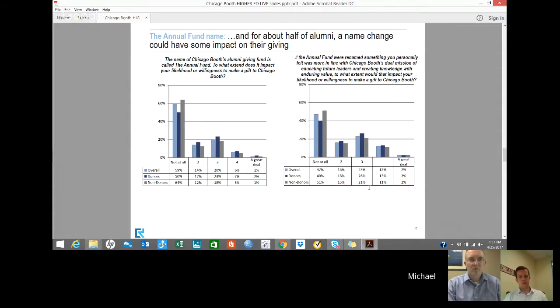So even though we had the word impact and most alumni chose the Chicago Booth Impact Fund as their ideal name, I weighed it against the risk of trying to rebrand and reestablish what the Chicago Booth Impact Fund does. I think the risks of trying to rebrand it were significant enough that it made more sense to keep it as the annual fund.